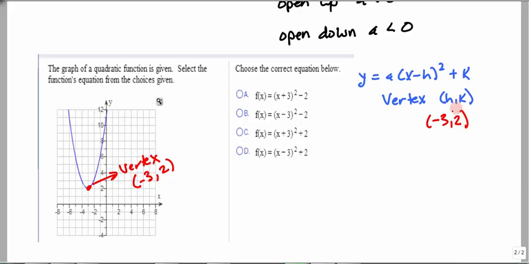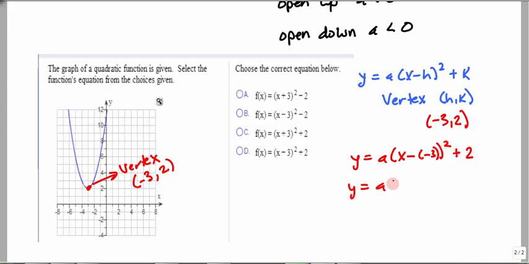So if I wanted to figure out which one of these went with (-3, 2), what I need to remember is, in here I need the opposite, and out here I need the actual value. So a general form for this parabola, and I don't know what the value of a is, that doesn't end up mattering here, is a(x minus the x value of my vertex) squared plus the y value of my vertex.